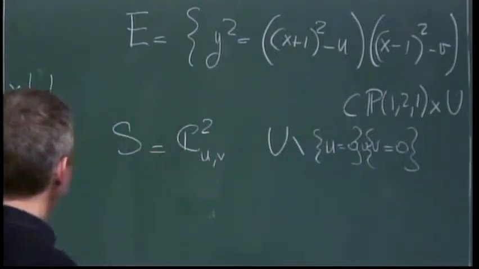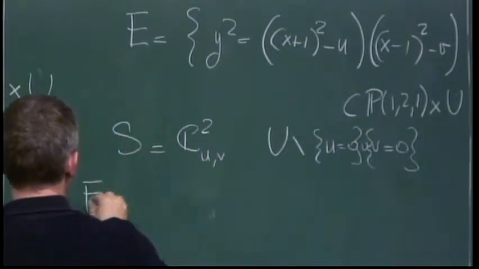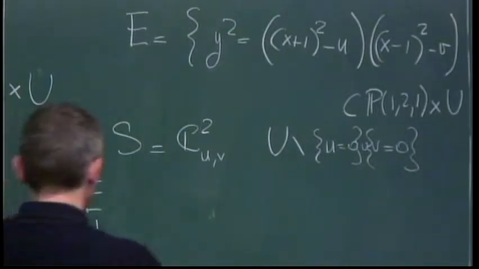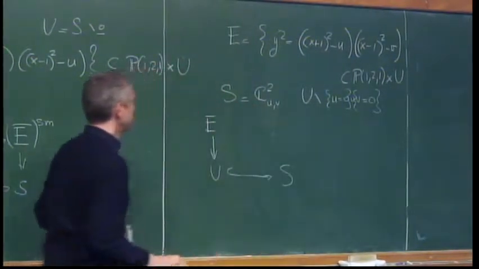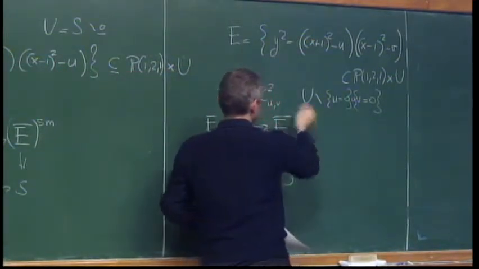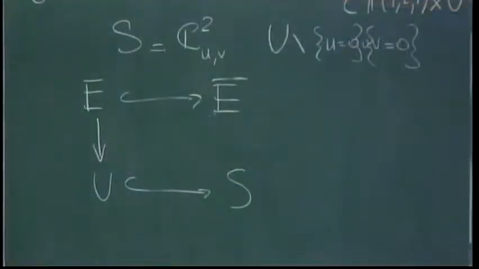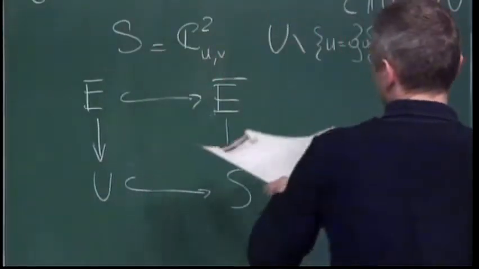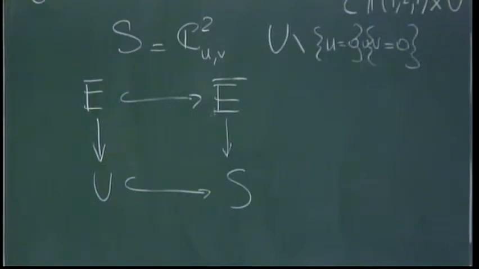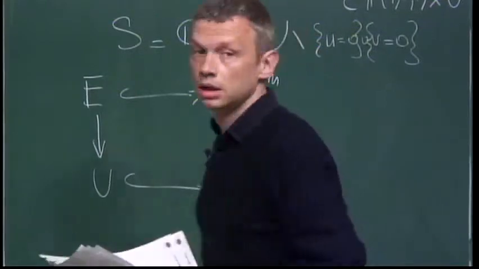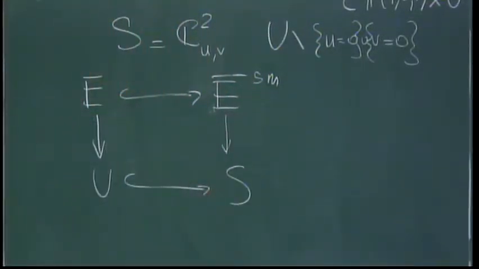Okay, so again, I have E, because I denoted it like this, is an elliptic curve. And then this is inside S. And again, I can take the same equation. And by taking the closure within the space, I can get a genus 1 stable curve. And so what I'm doing here again is taking away the singular points.